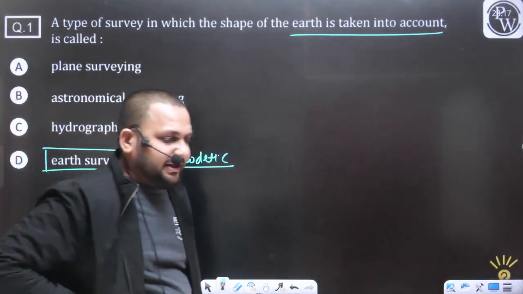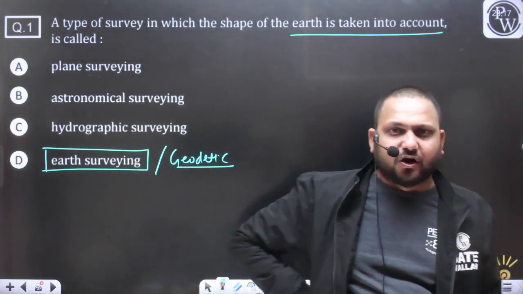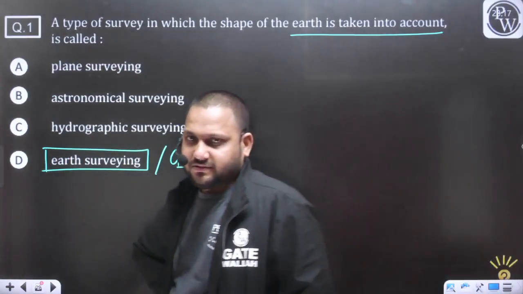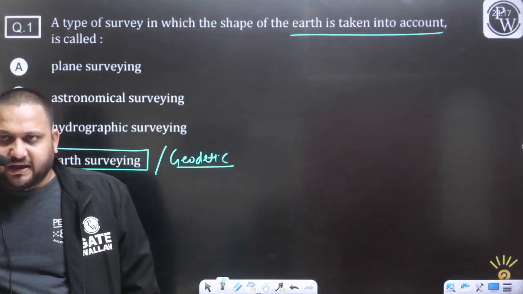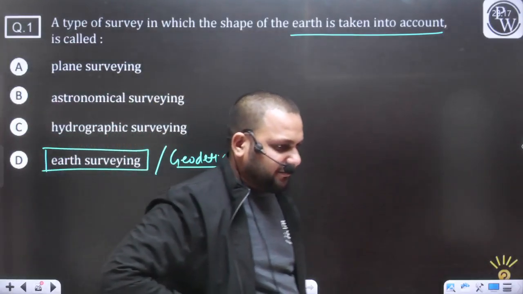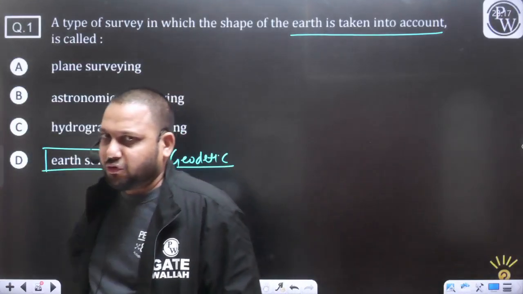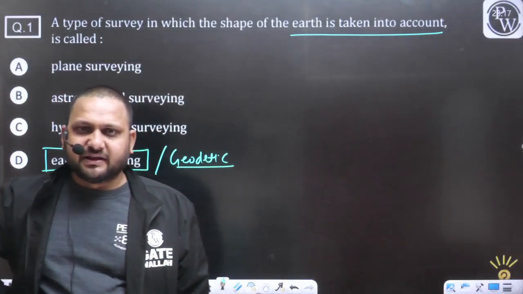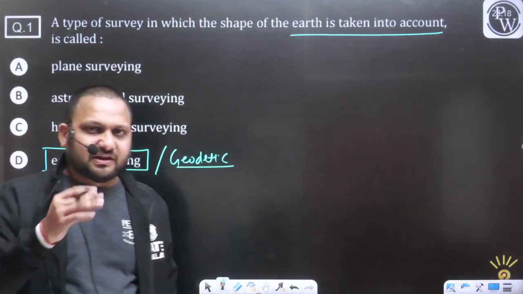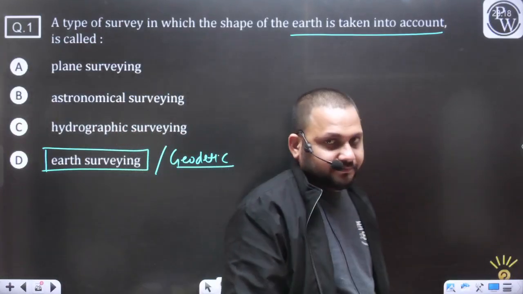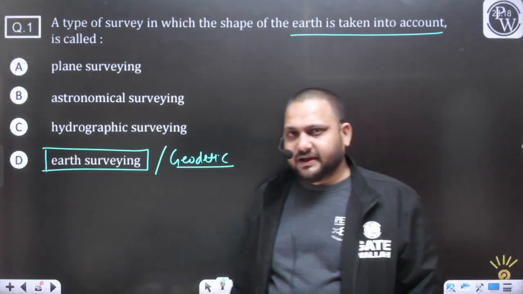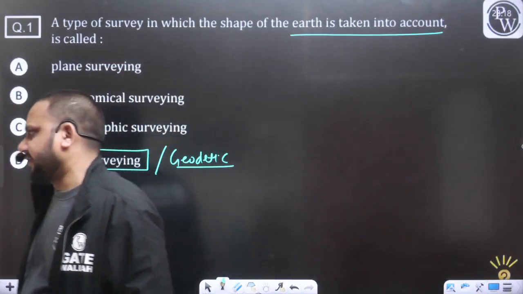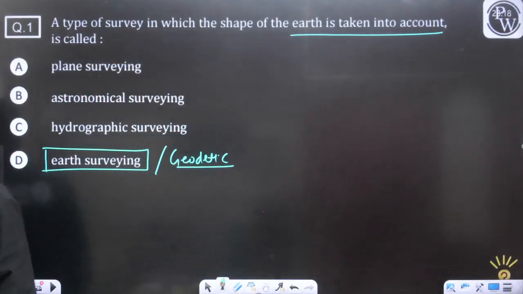The surveying in which we are considering the effect of the curvature of the earth in our measurement is known as geodetic survey. In the case of plane surveying, we have assumed the earth surface as a plane surface.